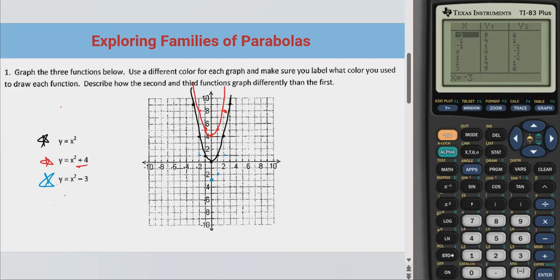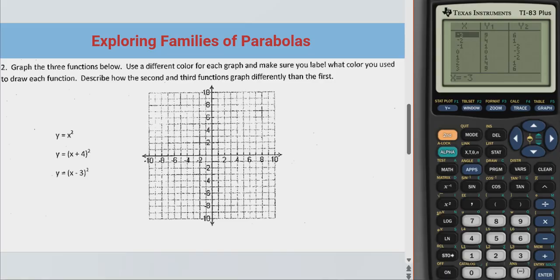Let's go with 3, 6. And I see that graph got shifted down 3 units from the original. Okay, so anything that we add or subtract after the square, if we are in what is called vertex form, shifts the graph up or down accordingly.